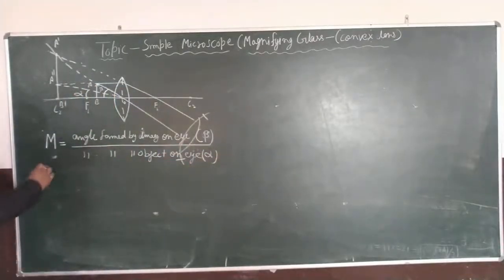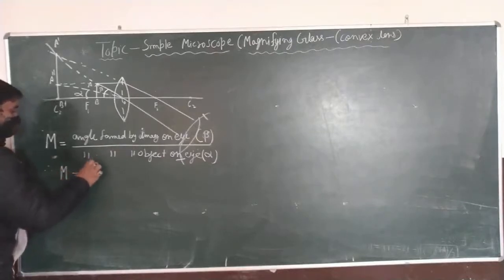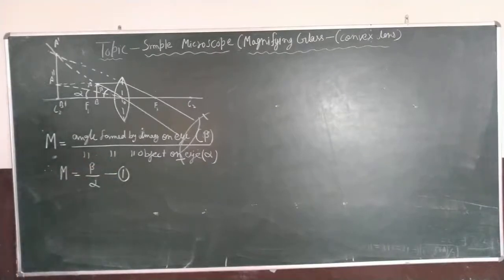Okay, therefore M is equal to beta upon alpha. This is your equation.